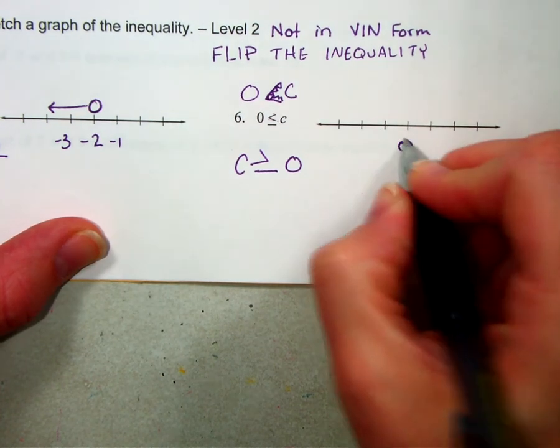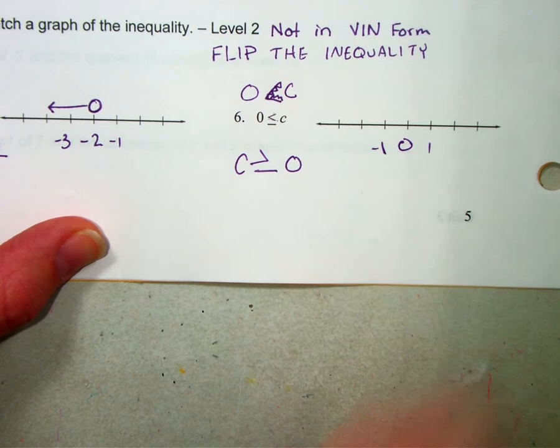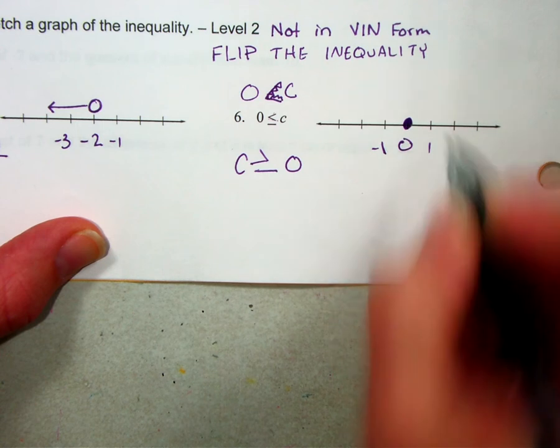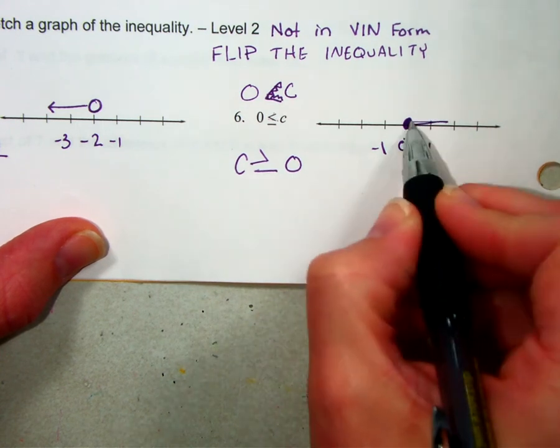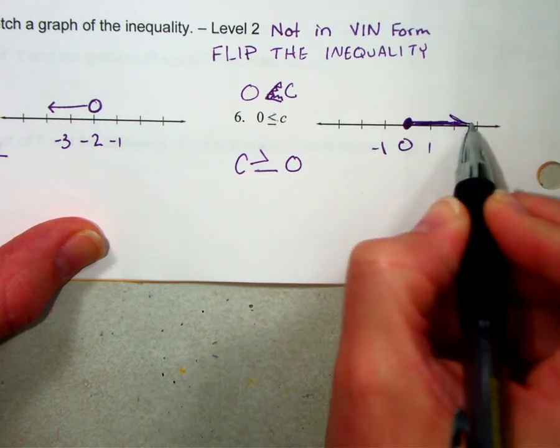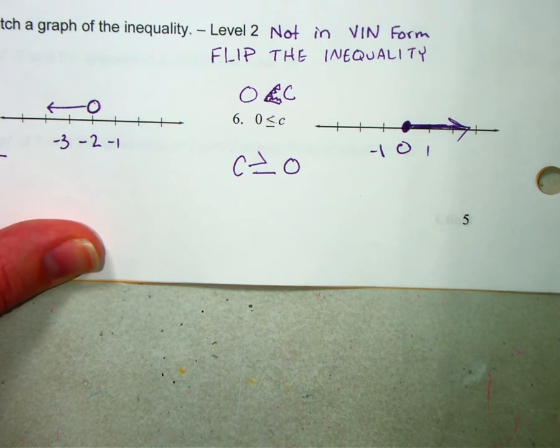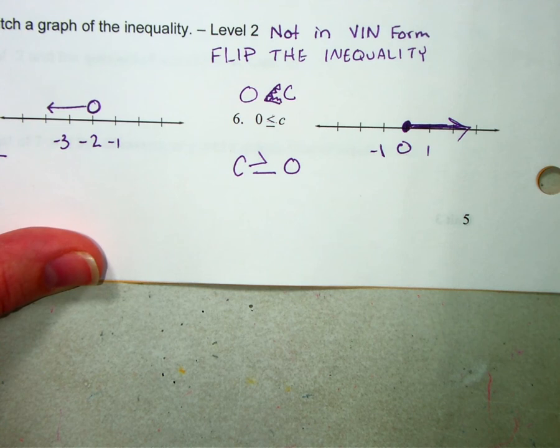Okay, we've got a 0 right in the middle, -1 and a 1. This time we're going to fill in that circle. And we're going to go in this direction. So that's how you get your level 2. That's a pretty easy level 2 to get. You just have to make sure that you're flipping everything. Just flip it all.